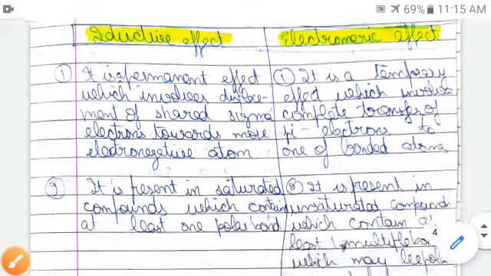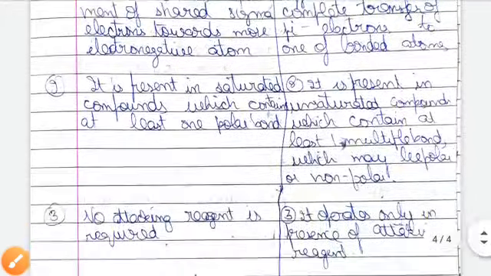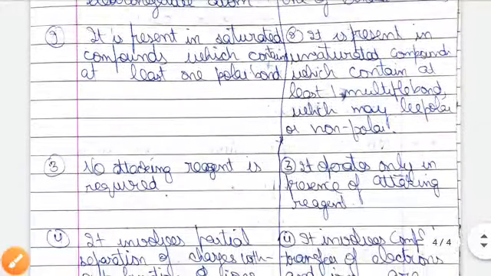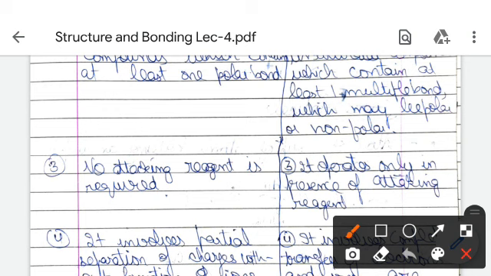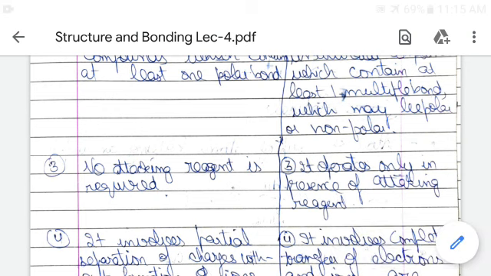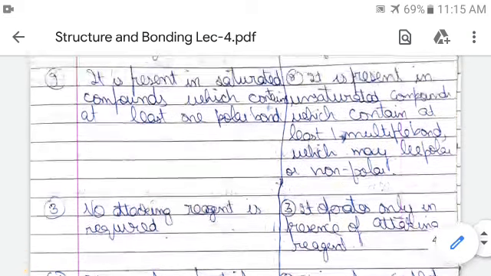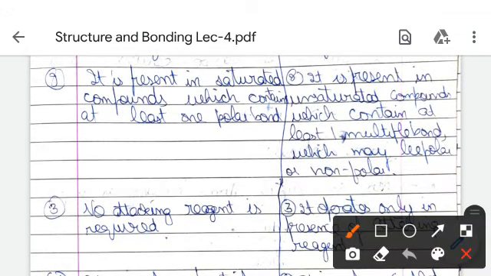The inductive effect is present in saturated compounds, that is, in compounds where only single bonds are present, and the electromeric effect requires double or triple bonds, so it is present in unsaturated compounds.